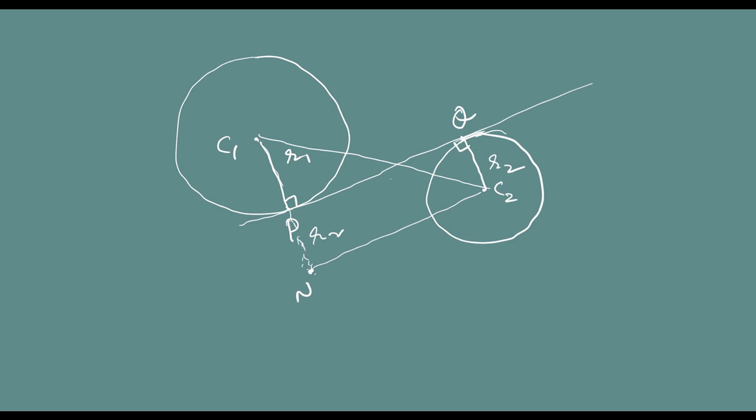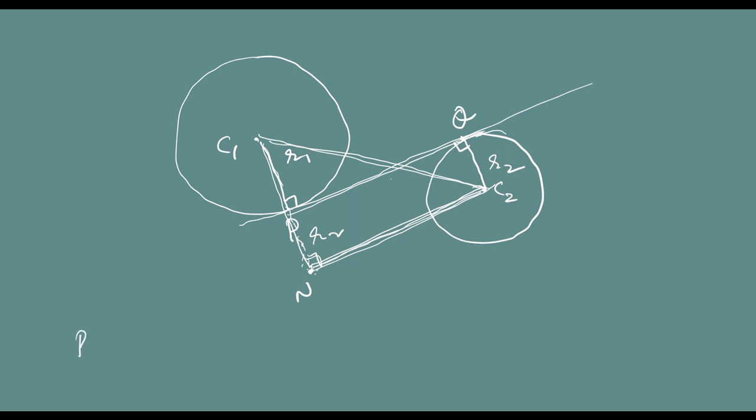Now the advantage is, observe that PQ and C2N are of the same length. Therefore now I can say I have PQ in one triangle. You can see that this is a right angle triangle now. I extended up to R2, and obviously that will be a rectangle here, C2NPQ.